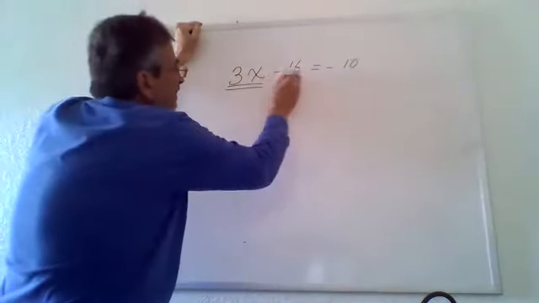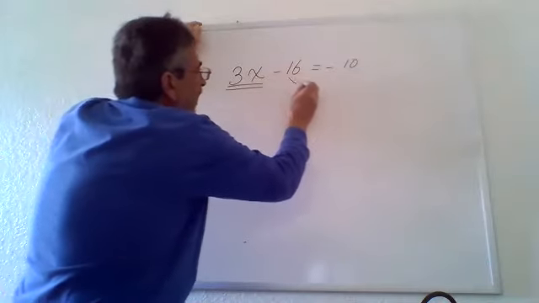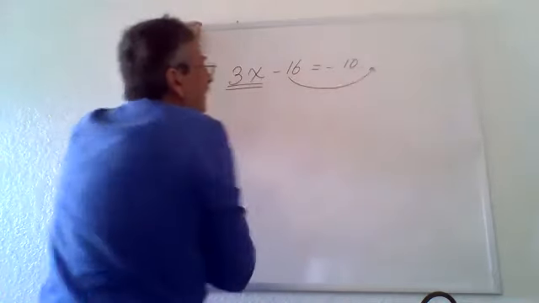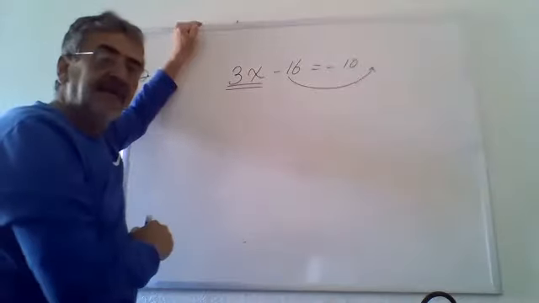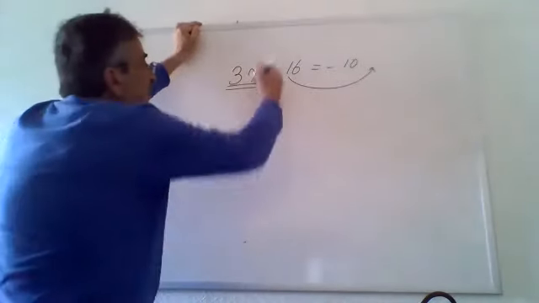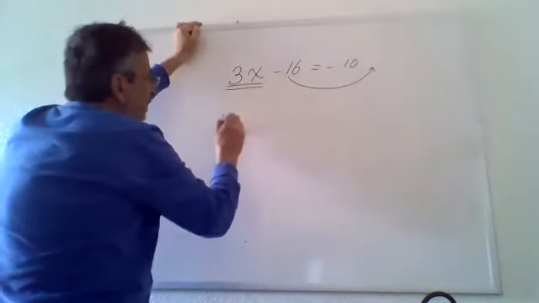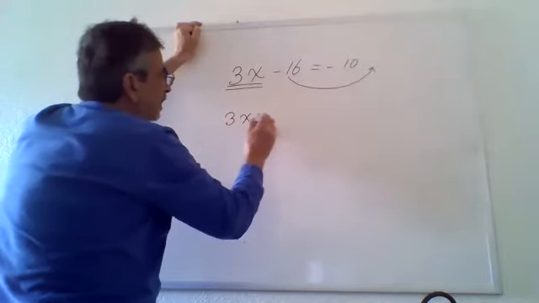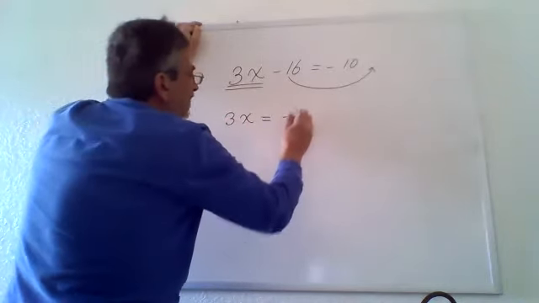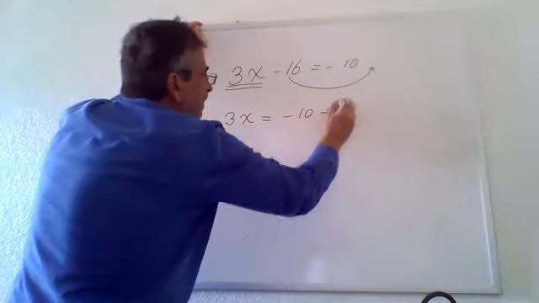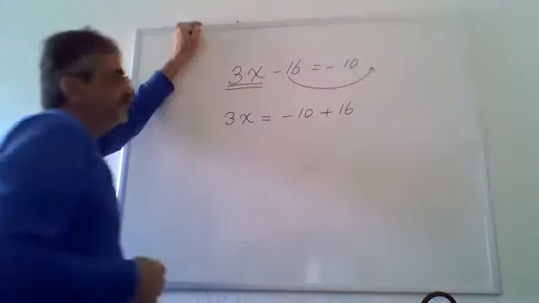Notice that the 16 is negative, and when I move it to the other side, it changes its sign. It becomes positive. So my next step is 3x equals minus 10 plus 16.